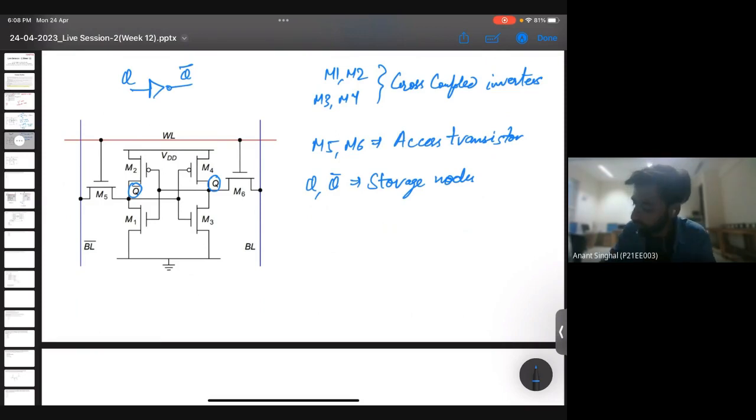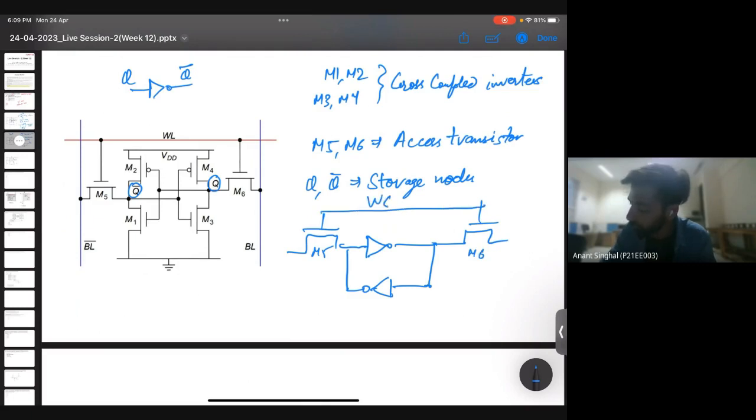As I told you, this is a cross coupled inverter, so we can draw it like that. We have an M5 here, we have an M6 here, we have a word line here, then this is bit line complement, and this is bit line.